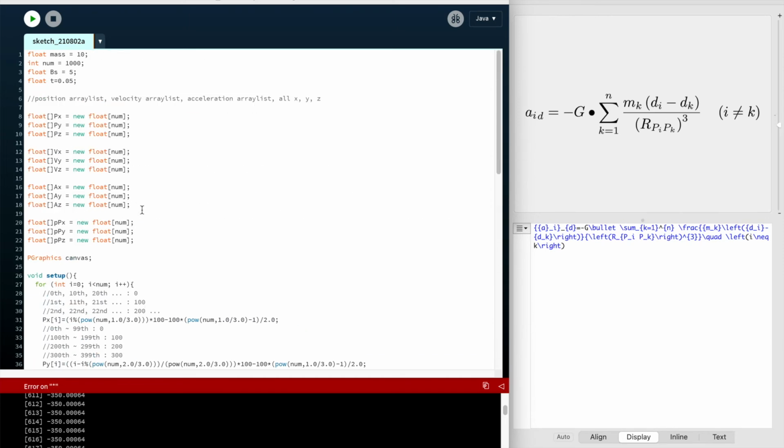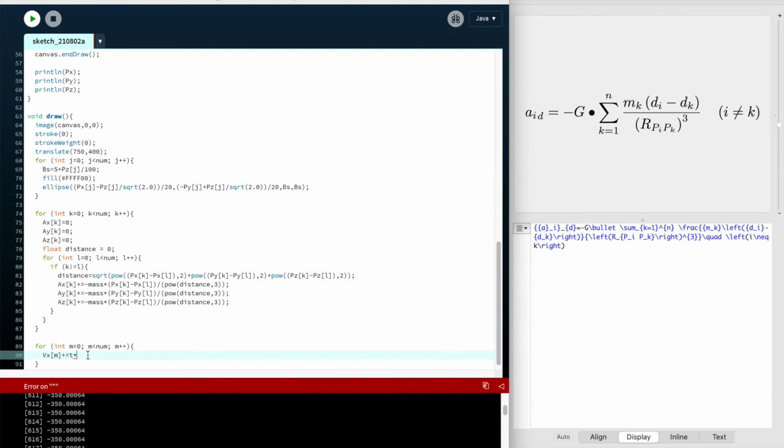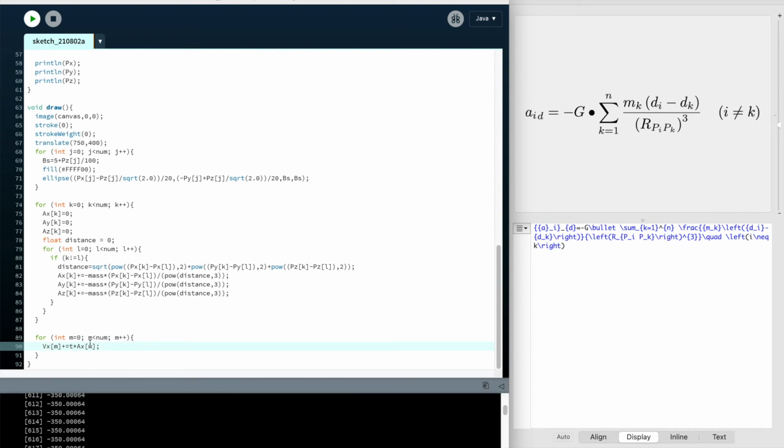So t is our time interval. So we add our short time interval times our acceleration to the velocity, and that is basically what we do in Euler integration. We add plus equals our acceleration times our time to the velocity, and do the same thing for y and z as well.